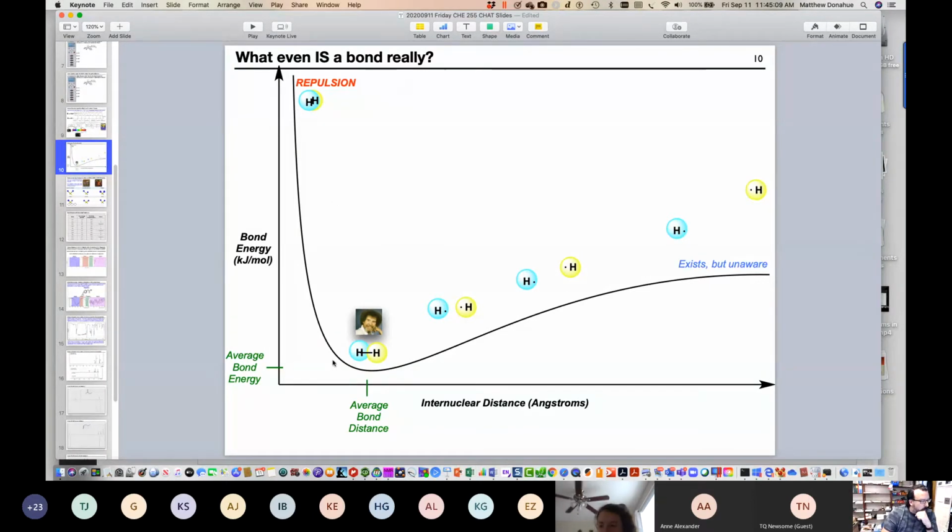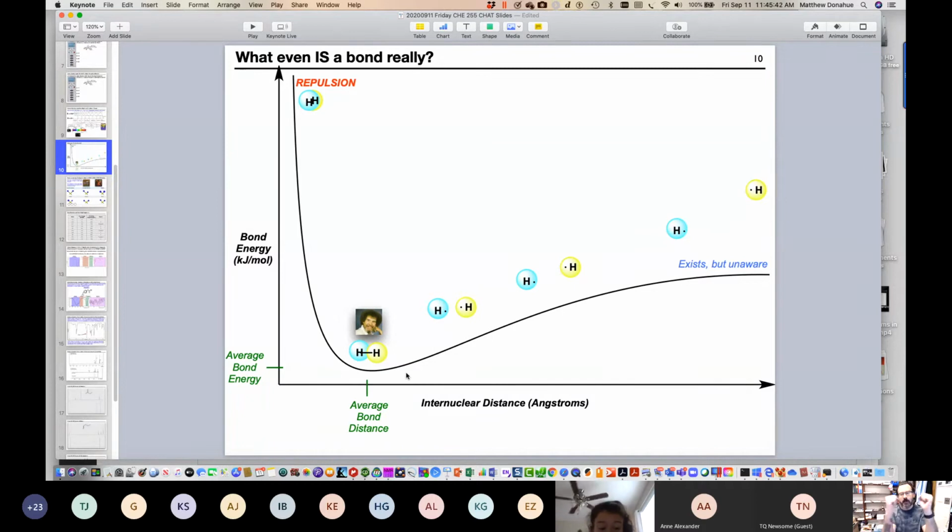So what you want to take away from this curve is that even though we're saying average bond distance and you may get a static number, the bond actually exists in this well, meaning the bond is not a fixed distance. It's moving back and forth because even at absolute zero, where there's no energy, there's still something called zero-point energy.